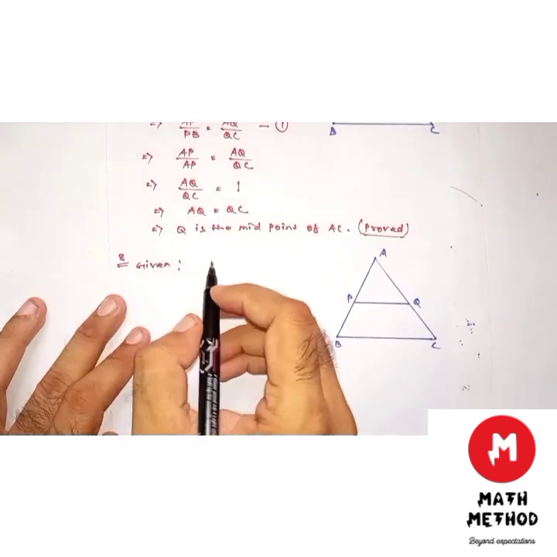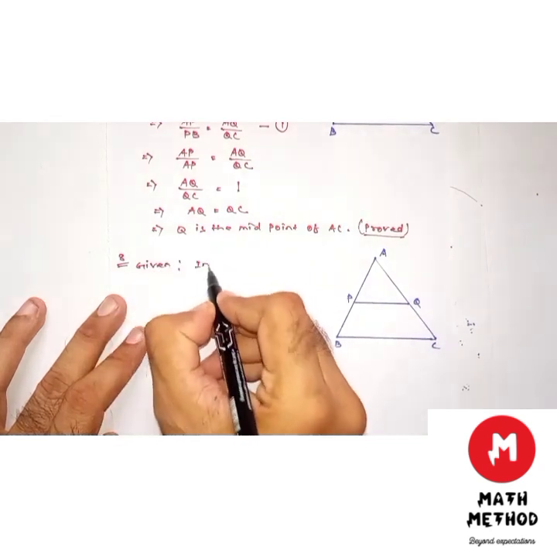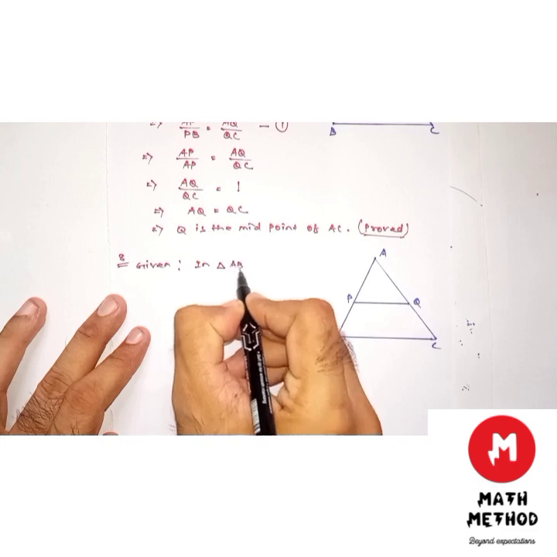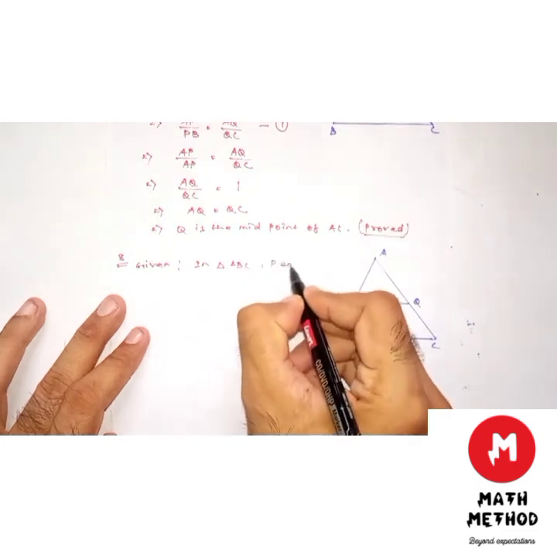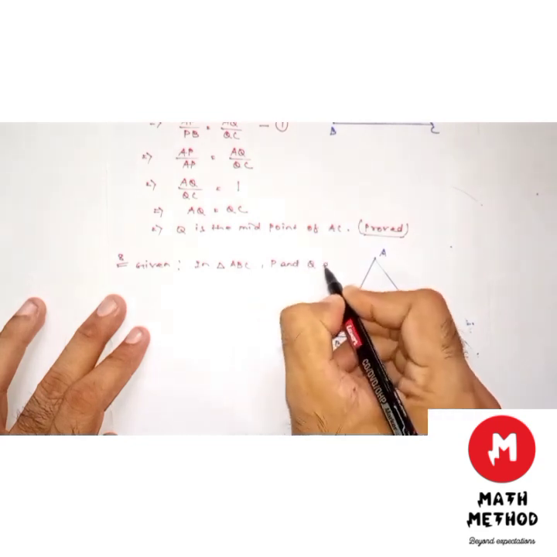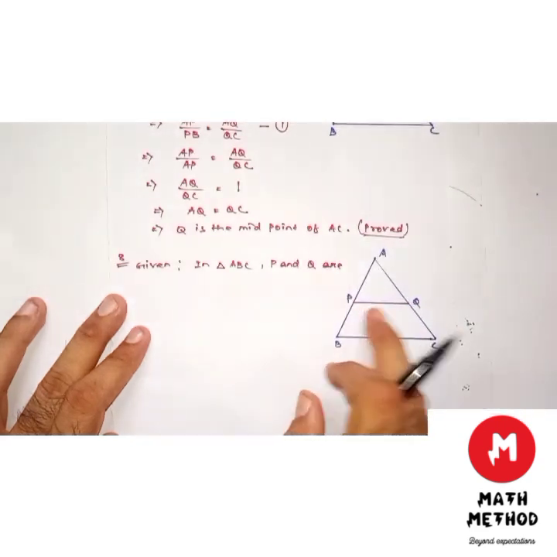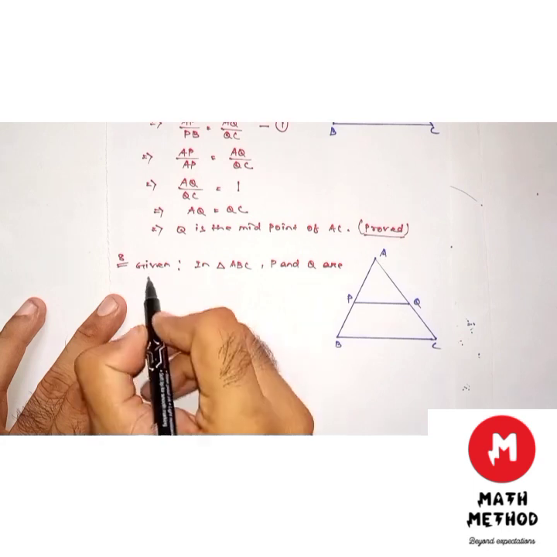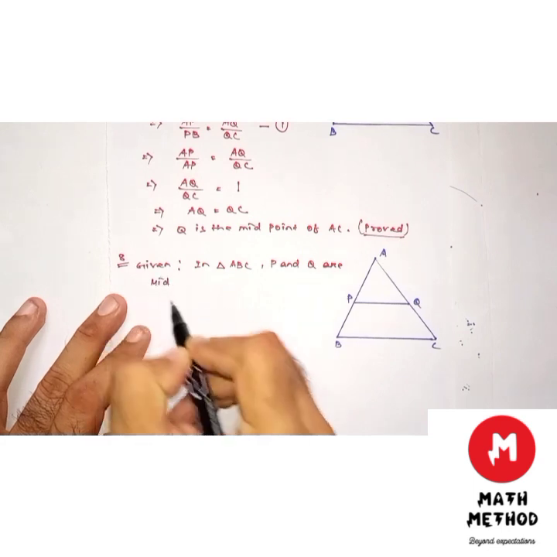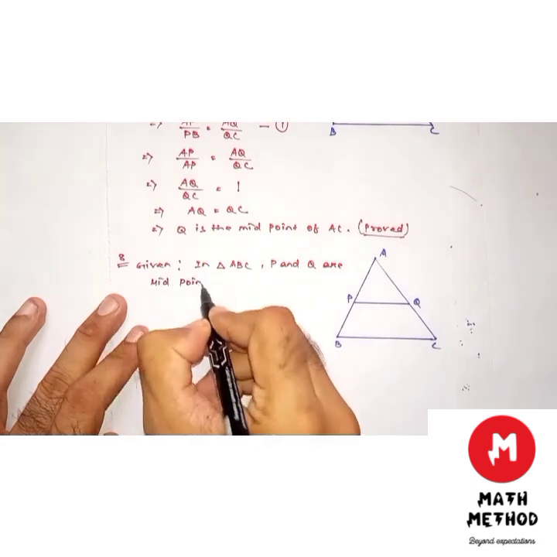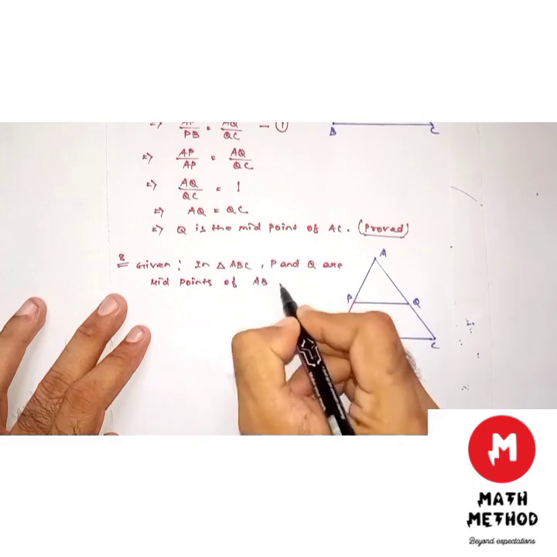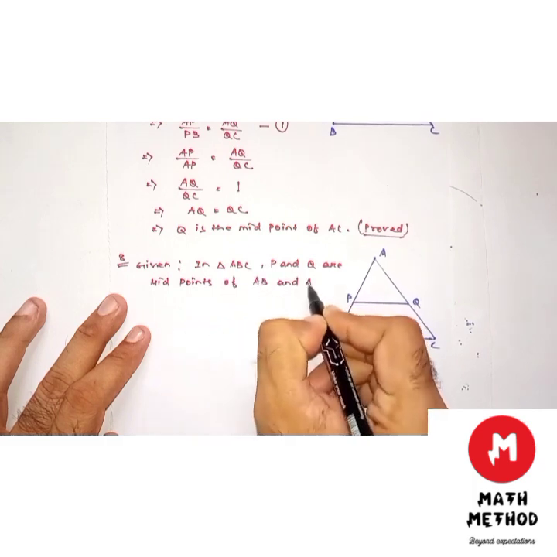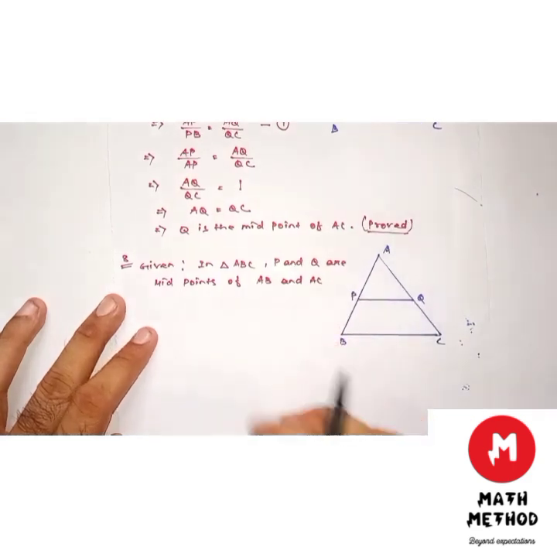What is given? Given that in triangle ABC, P and Q are midpoints of side AB and AC respectively.